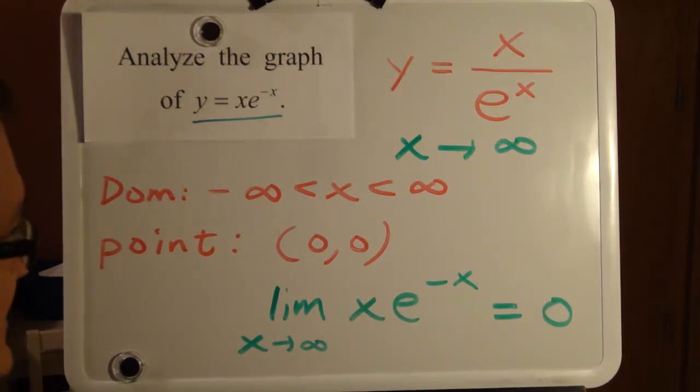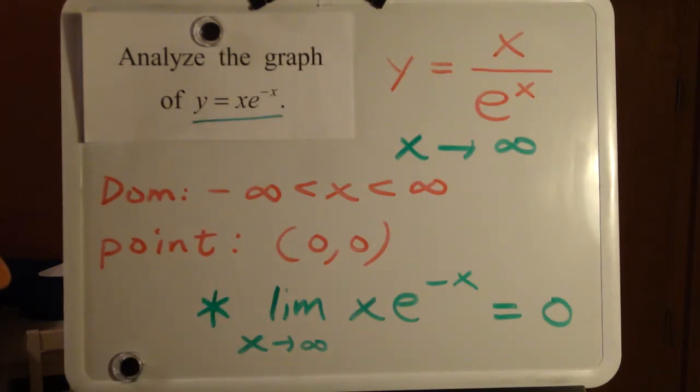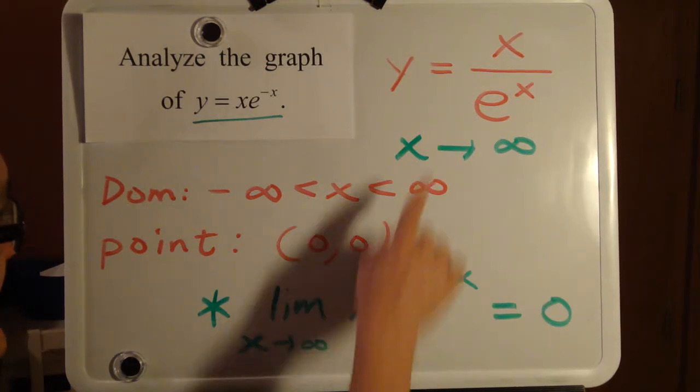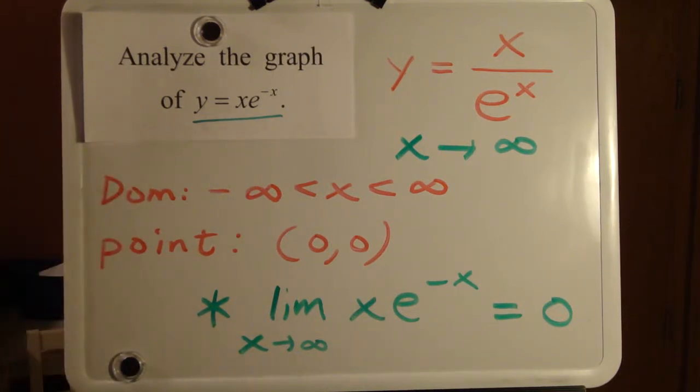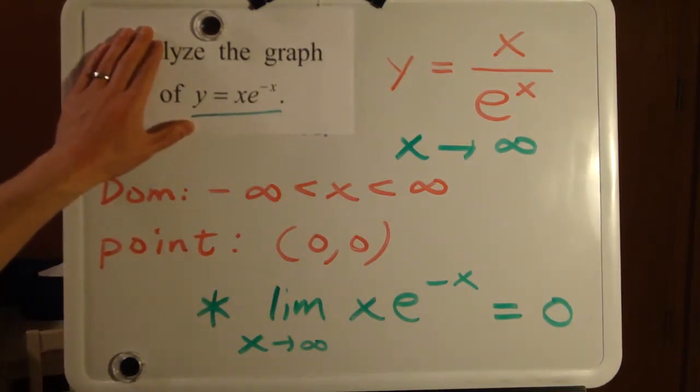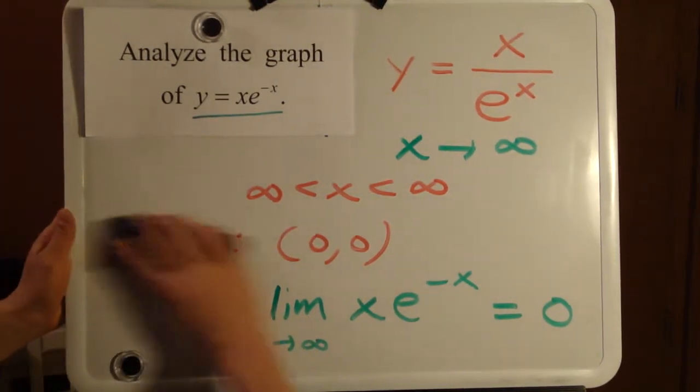Later on in calculus, you can formalize this limit by using L'Hopital's rule, and other different results. So this is just kind of an informal observation. After that, what I would do at this point is just go through the first derivative and the second, and then just write down all the information that you can. So I'll do that right now.